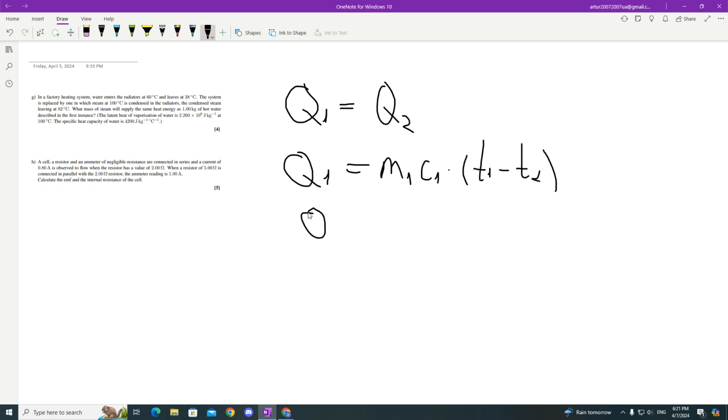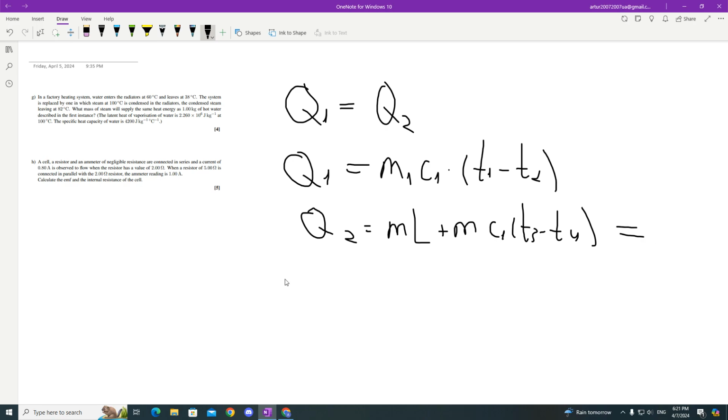Q2 is a little bit more complex because we also have a transformation, condensation of steam, and cooling of water that was formed from this steam. So we have mL plus m S1 (T3 minus T4). This temperature is 100 degrees and 82 degrees.